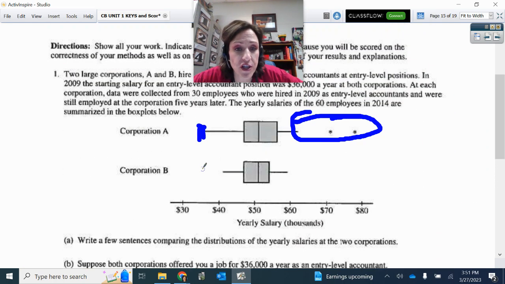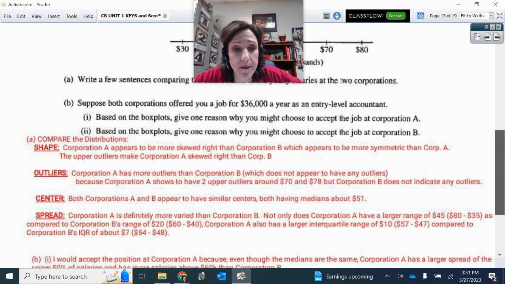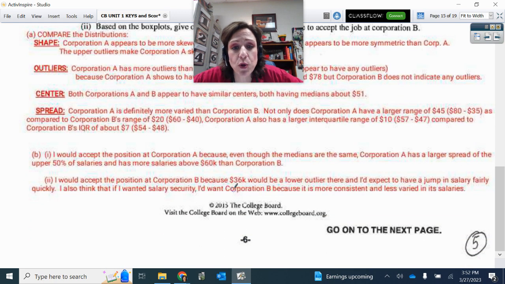So if you started here, then I would expect to jump up to above 40,000 fairly quickly because that's unusual at their company. So B is more consistent and less varied in its salaries. I put that that might be salary security. So I would expect that jump to be fairly quick.